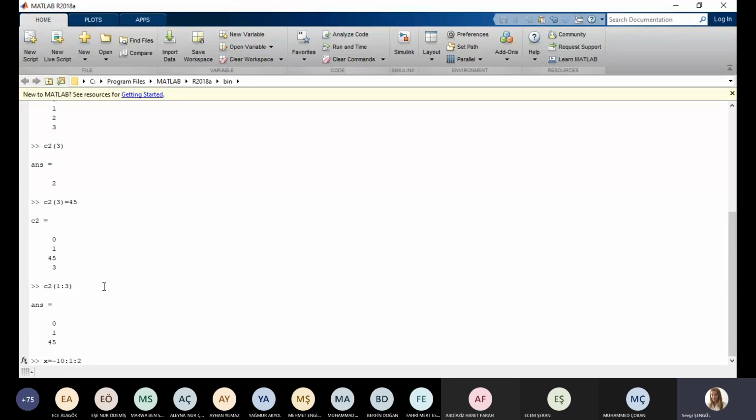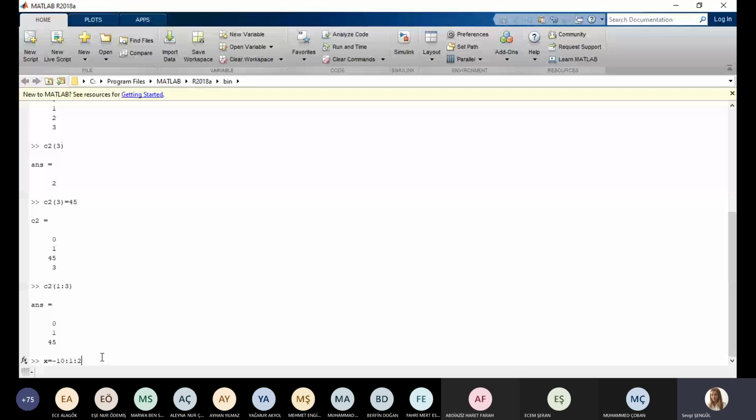This will give you minus 10, minus 9, minus 8, increasing minus 10 by one step each time until it reaches 2. This is the starting point, this is the last point of your vector, and this is the increment. You can play with that.